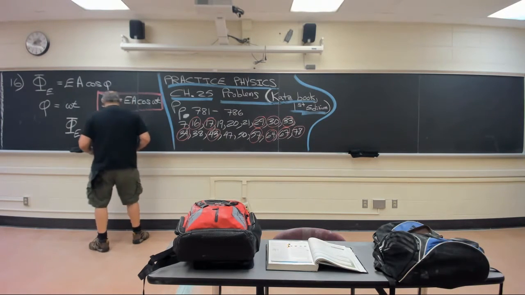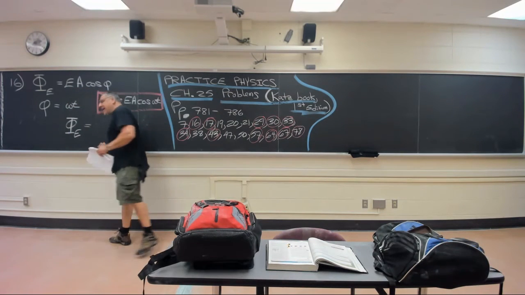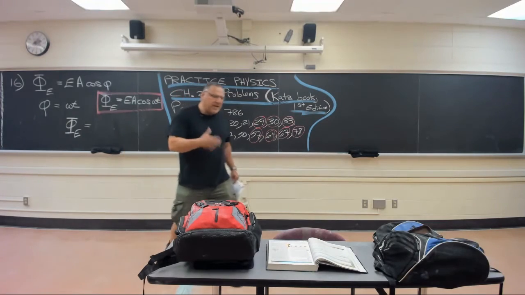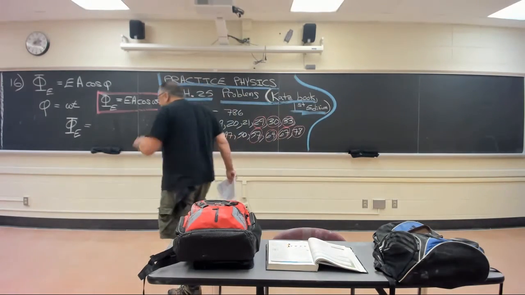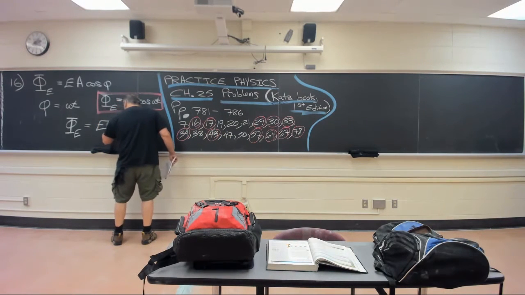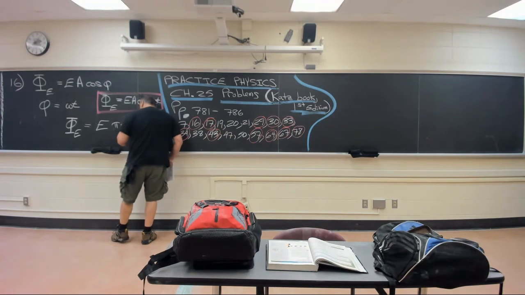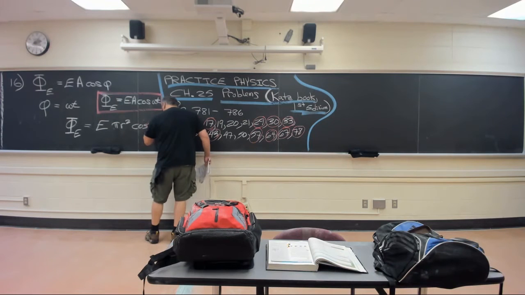We've said E A cosine omega t. Well, what is A? Didn't they tell us it was a ring? A ring with radius r. Well, what's the area of that ring with things going through it? E pi r squared cosine omega t.